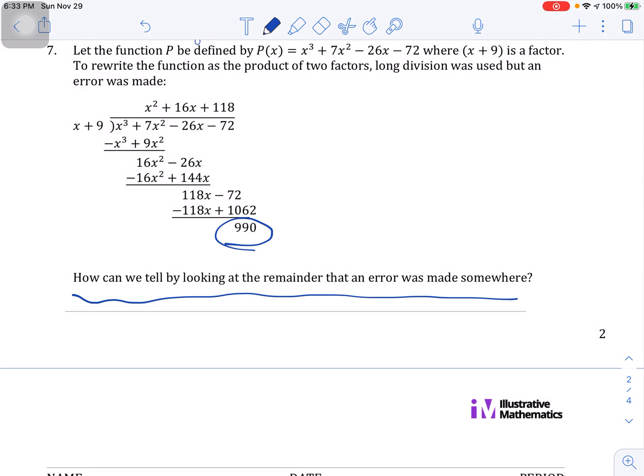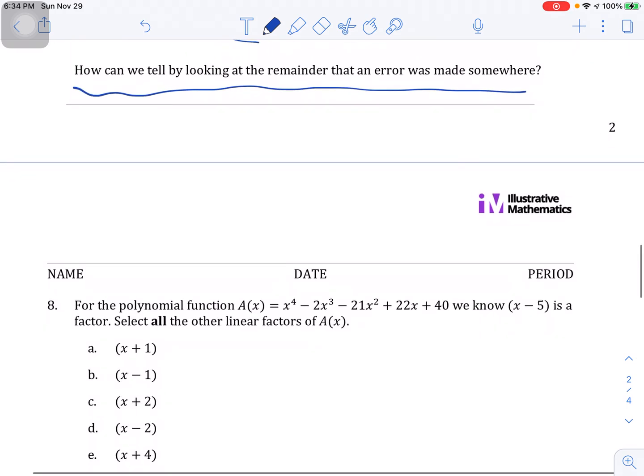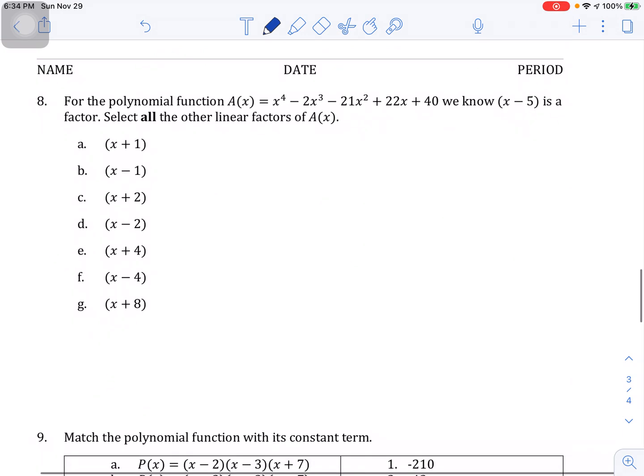Well, if they want to write this as a product of two factors, and we know that x plus 9 is a factor, this should be zero. I'll write it out. If we know that x plus 9 is a factor, then when we get done, we should get a remainder of 0 there. So looking at the factor gives us a hint that there was an error made there.